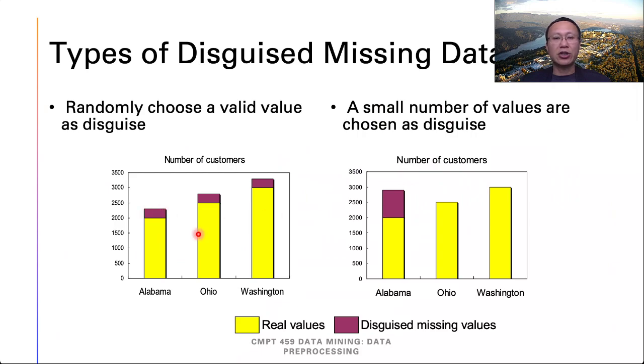This figure shows that if these disguised missing values are randomly distributed among all the valid choices, then this is a randomly chosen valid value. And in this case, many of the customers use Alabama as the disguise value. Then Alabama becomes disproportionately high in number of customers, and thus the disguised missing value indeed is focused on Alabama.